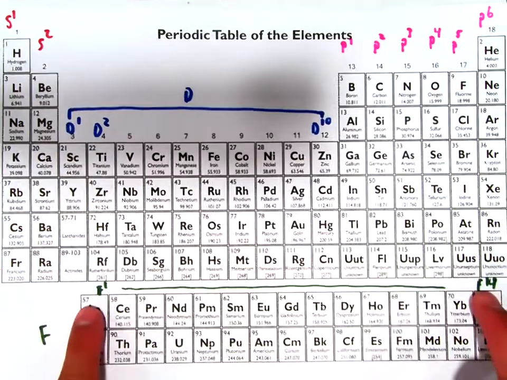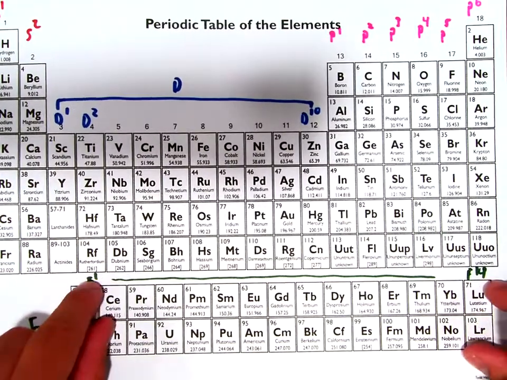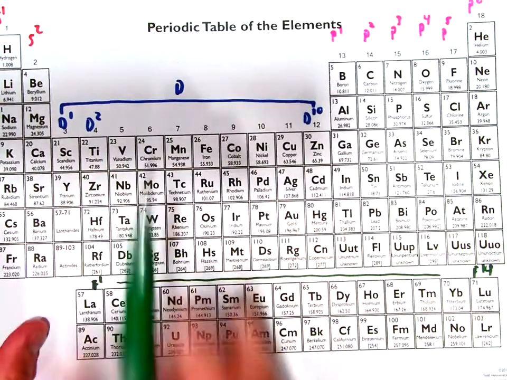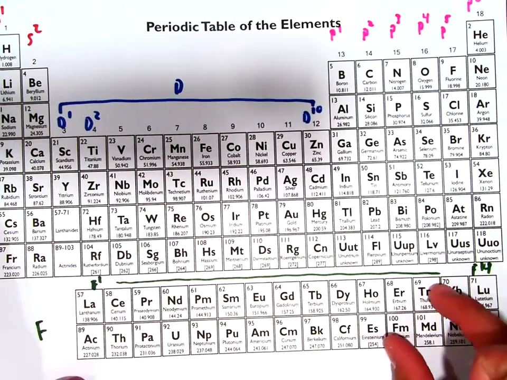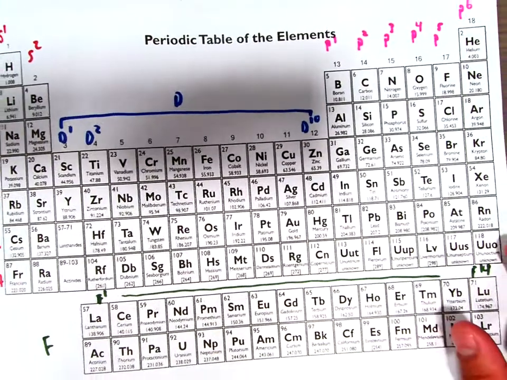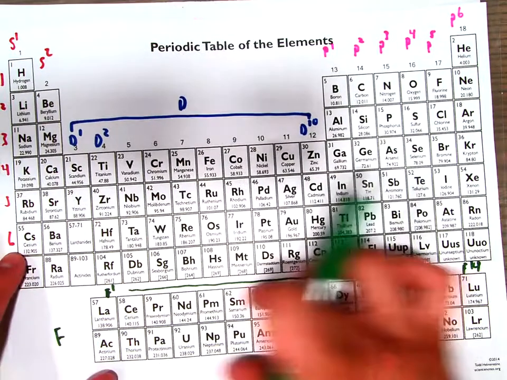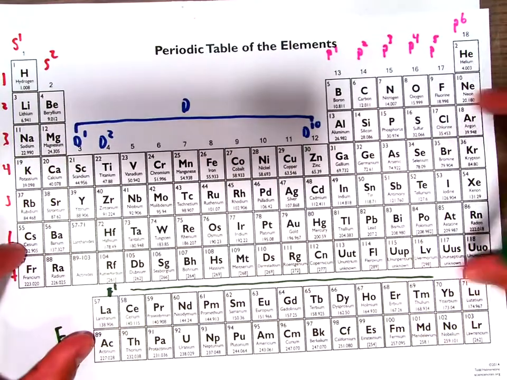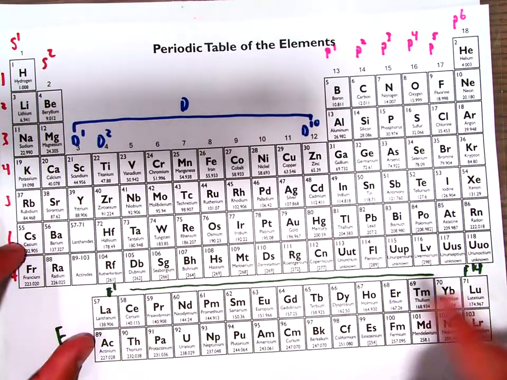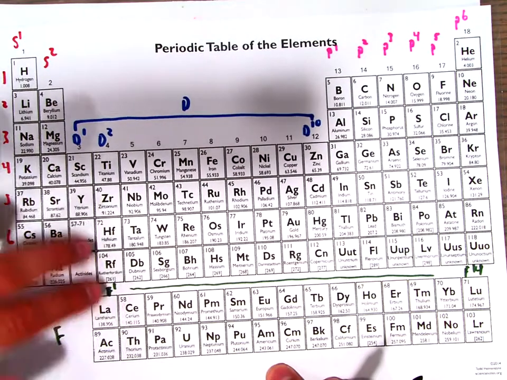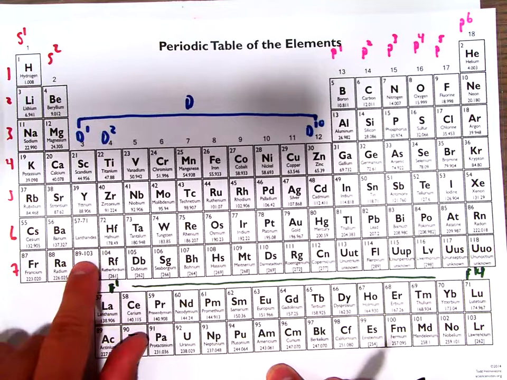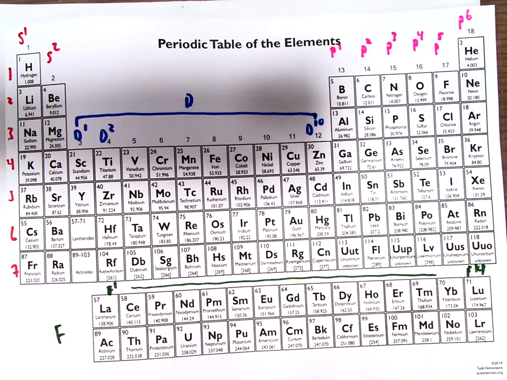So think about this whole thing as actually being right in there. But why is it at the bottom here? Because it just looks easier on a piece of paper. It makes the periodic table fit better, because if we were to take this big piece and put it here, there'd be a very long periodic table. So in reality, these two actually fit into here. That's what has those numbers. So just keep that in mind.